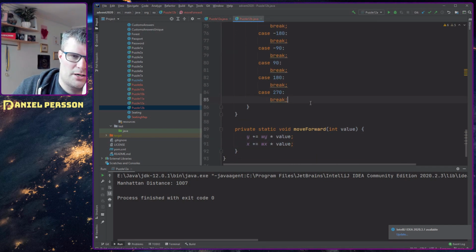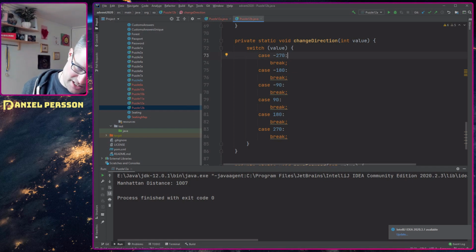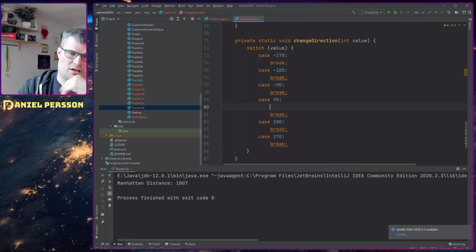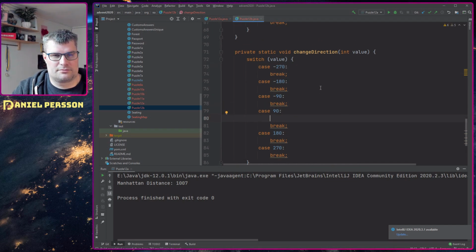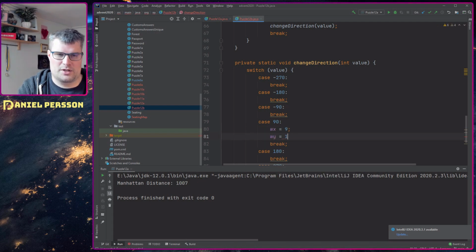So now it's the hard part to figure out how the direction changes depending on how much we rotate. So if we are at 0 and we rotate 90, let's say that yx is equal to 9 and y is equal to 1.